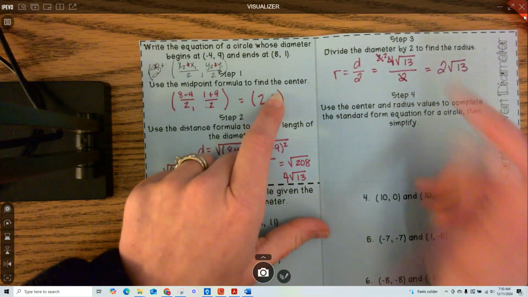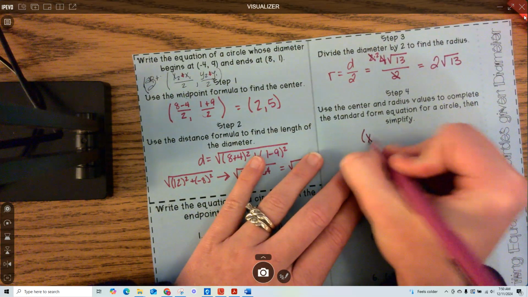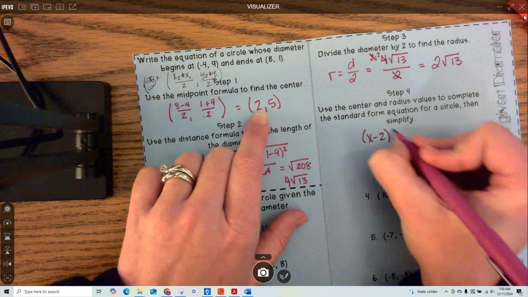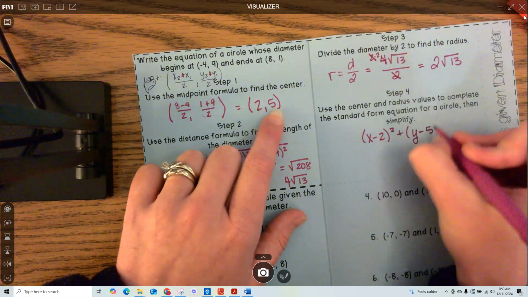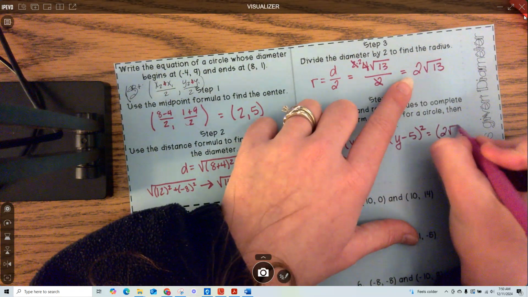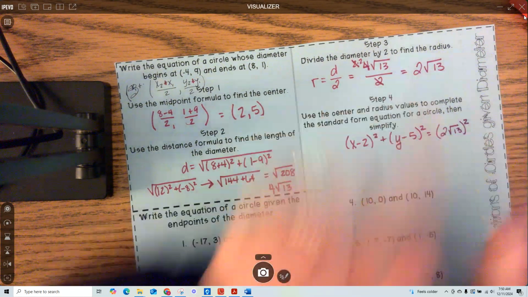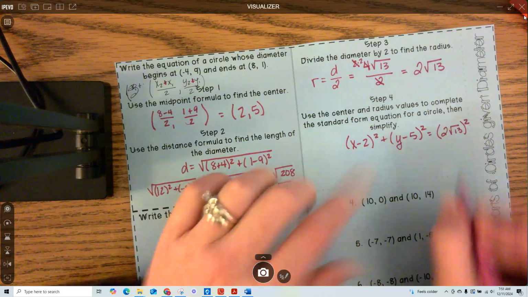Now we've got the center and the radius. We can write this out. (x minus 2) squared plus (y minus 5) squared equals the radius squared. I know it's gross now, but it cleans up.